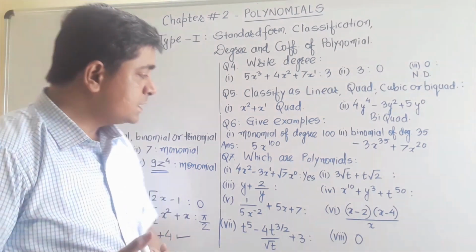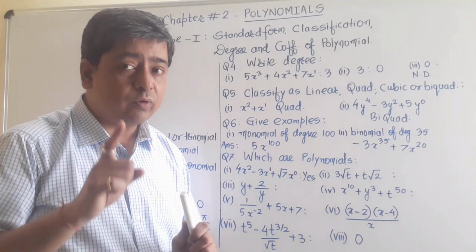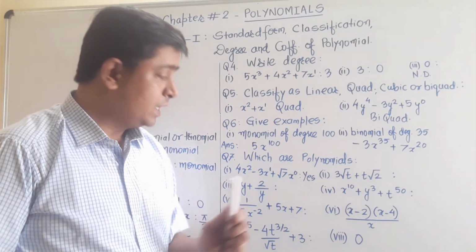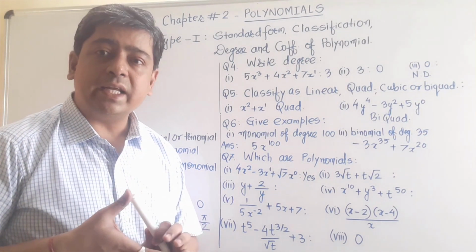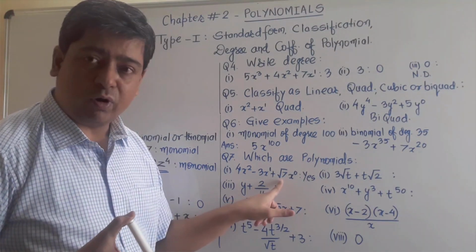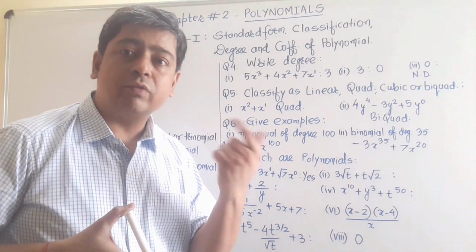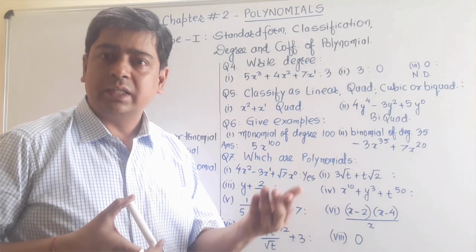Now, second part, observe. Now remember, you have to observe only the power of variable. Here see 7 is coming inside the root, and if any number comes inside the root, I told you this is your radical form, and if you convert the radical form into exponential form, then only we can judge the power.